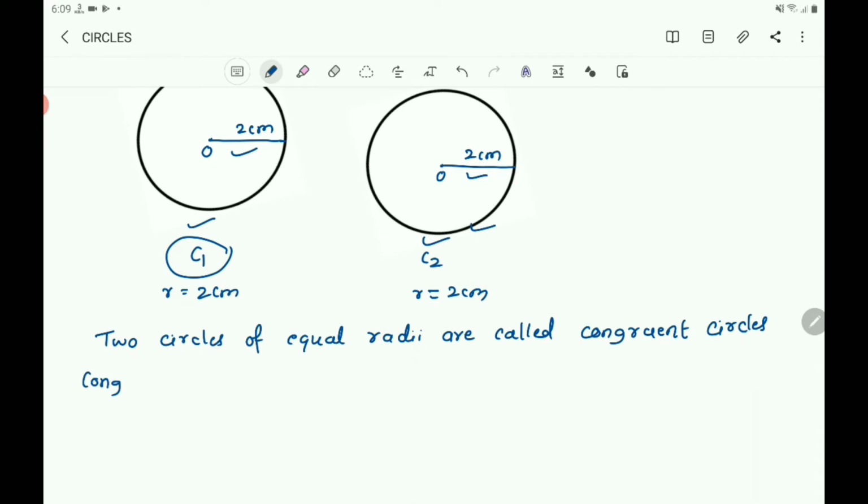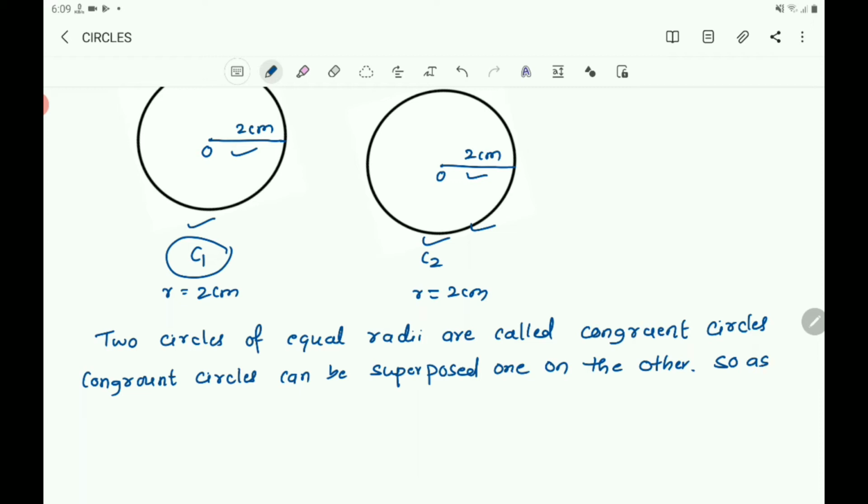Congruent circles can be superimposed or superposed one on the other so as to cover exactly.